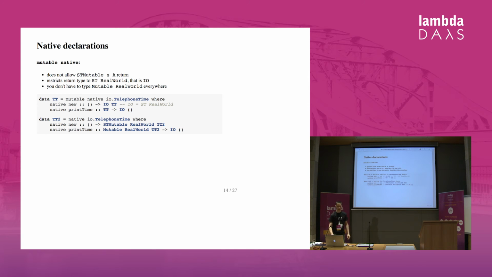So if you declare this whole declaration as mutable, it compiles with the same constraints, but you're not forced to type everything within this declaration, which helps with readability. But you are restricted to the IO monad, which is for performing such unsafe operations.